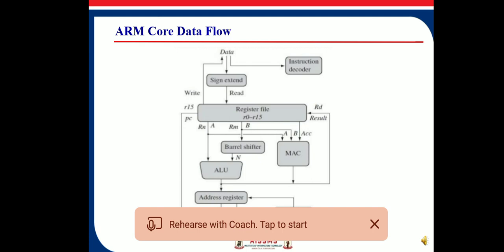ALU is nothing but the arithmetic and logic unit, and MAC stands for multiply accumulate unit. Most of the ARM instructions are two operand instructions. The two source registers, Rn and Rm, are used to store these operands.